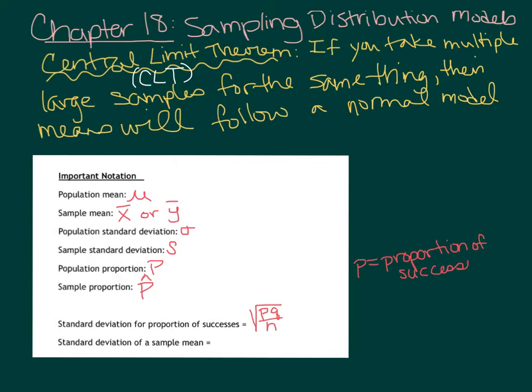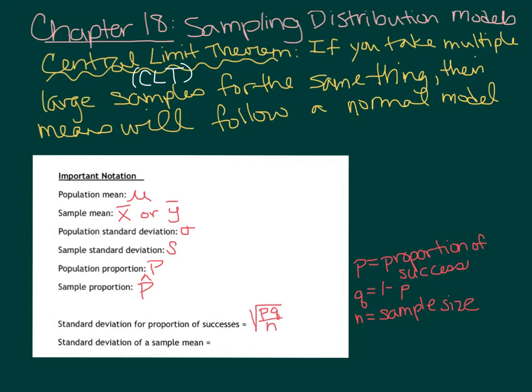And if it has a hat over it, it would be our sample proportion of success. The q is going to be our proportion of failure, or we can just say 1 minus p if you want to. The n is going to be our sample size. So that's our first formula. We're going to use it in our first 3 examples that we have here.